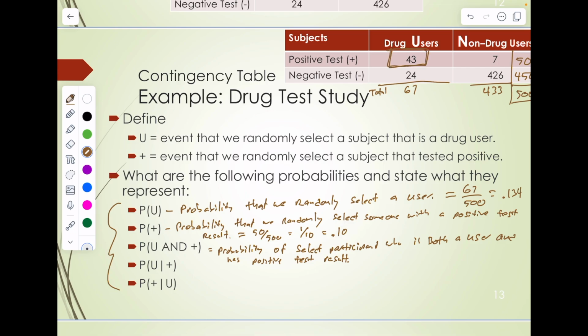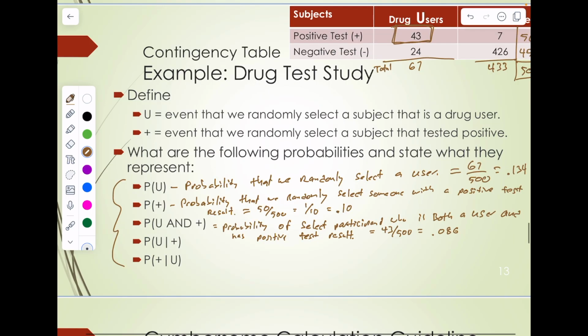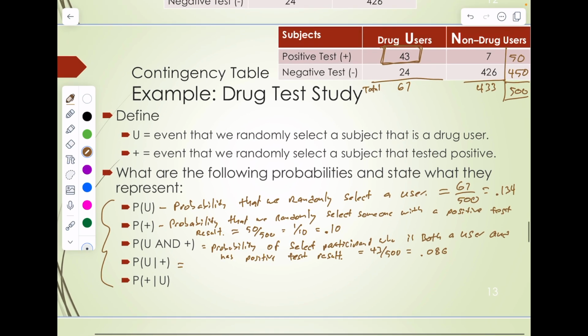That is the number of people who are a positive test result and a user. So that is going to equal 43 over the total 500, which equals 0.086. So about 9%.